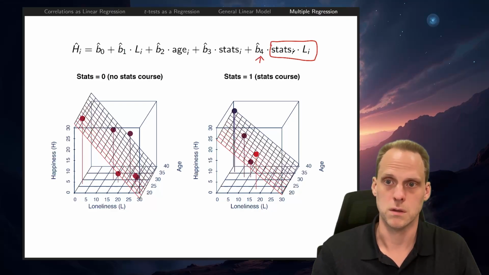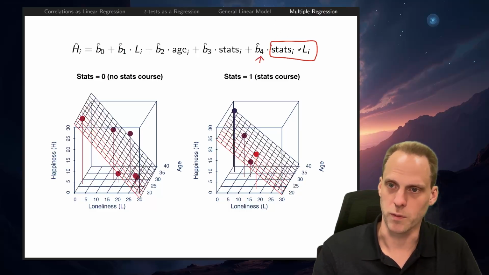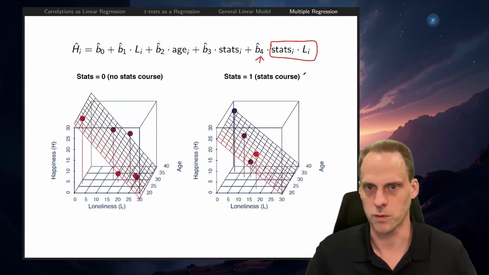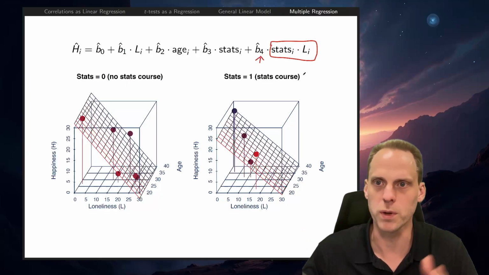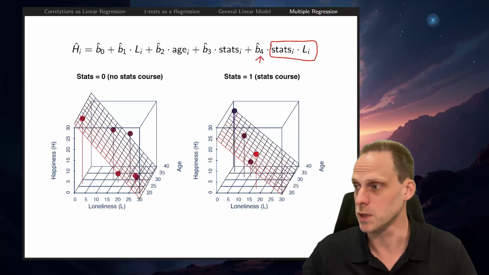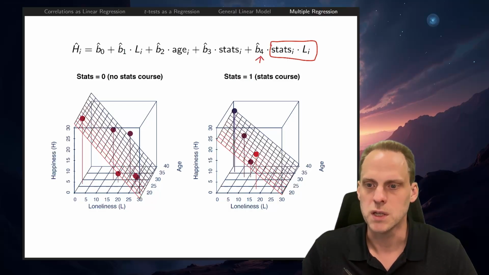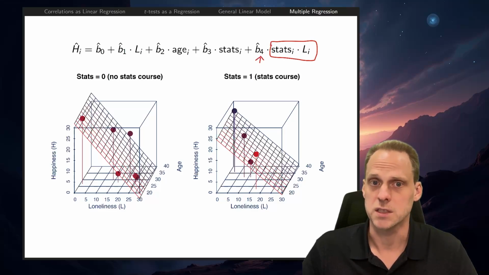Whoa, that's weird, right? But basically we have here 2 columns that are multiplying with each other, and we can add it as another predictor in the model, and we can really make it as complicated as we want it to be. We can put as many predictors in there as we want, and we're not going to really go on beyond like 4 predictors on the scores, but that's the idea.